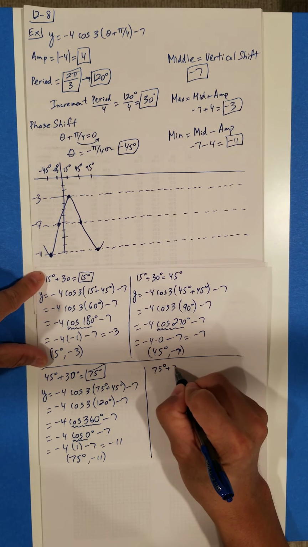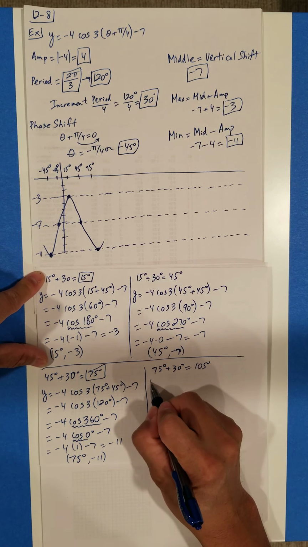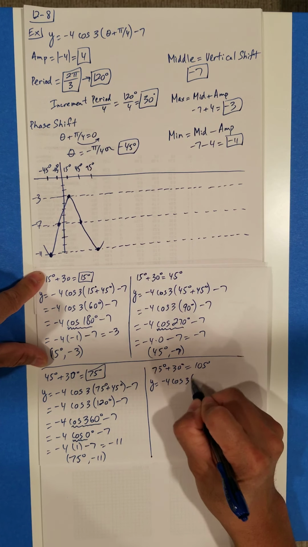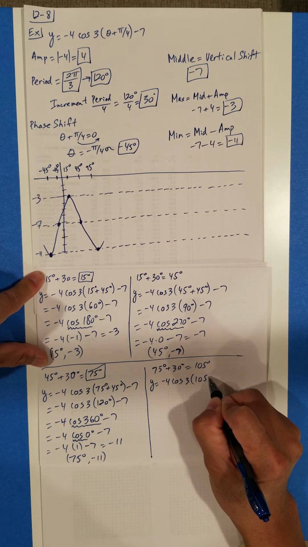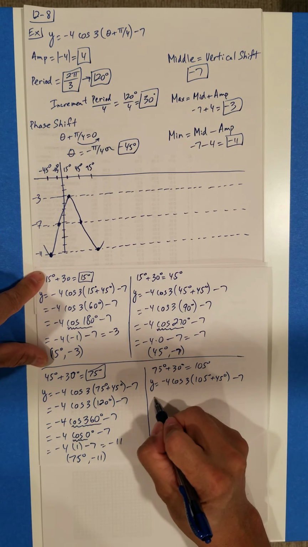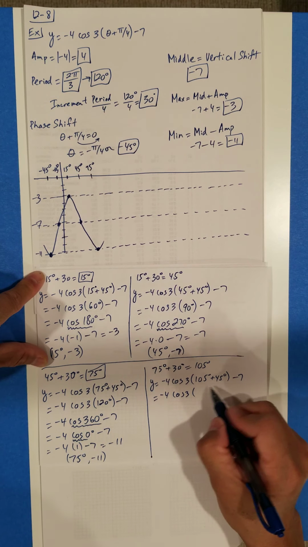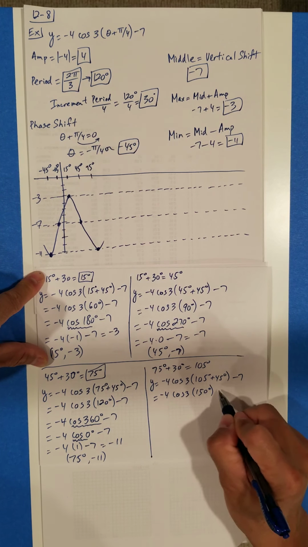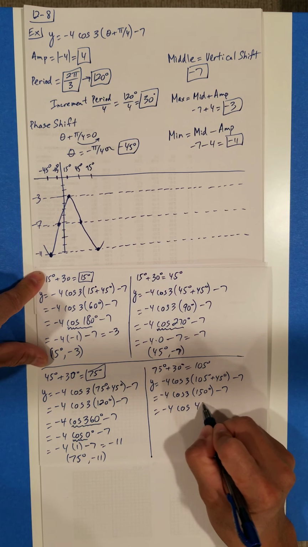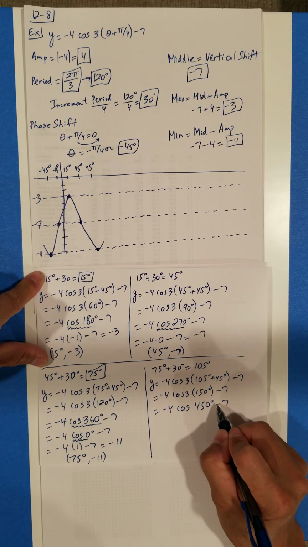75 plus 30, 105. Y equals -4 cosine 3 times (105 plus 45) minus 7. -4 cosine 3 times 150, 450, right? 3 times 150 is 450, minus 7.